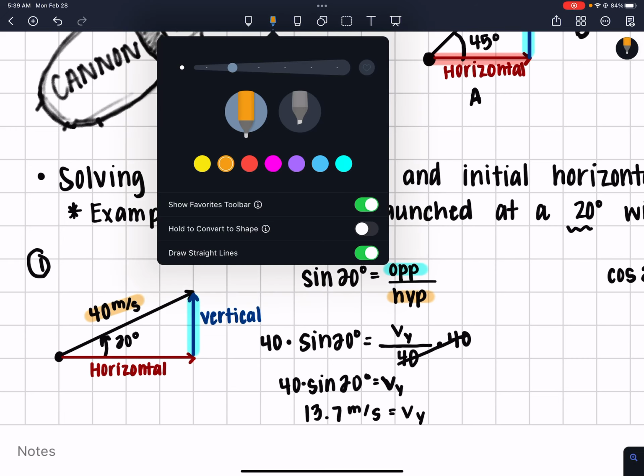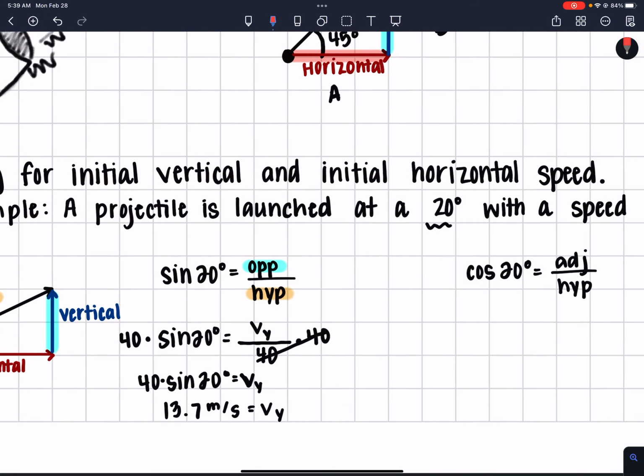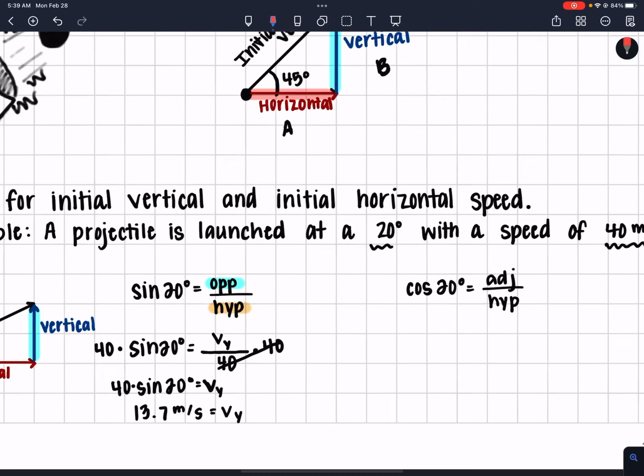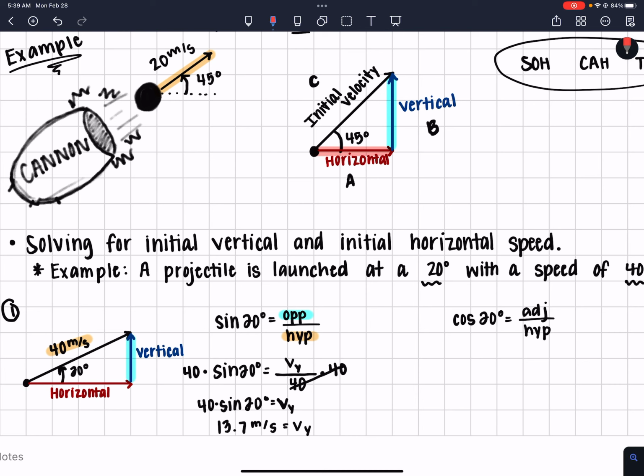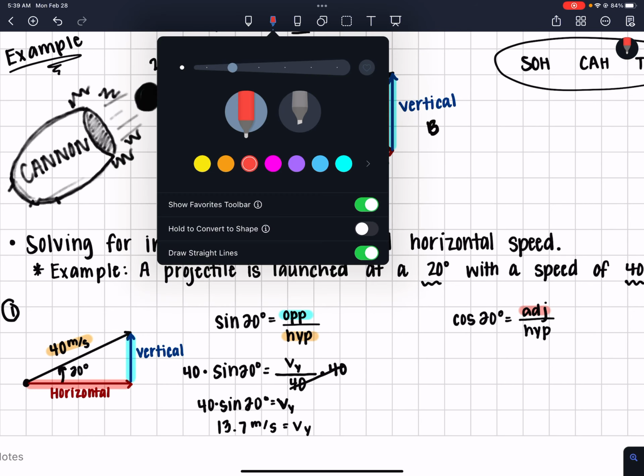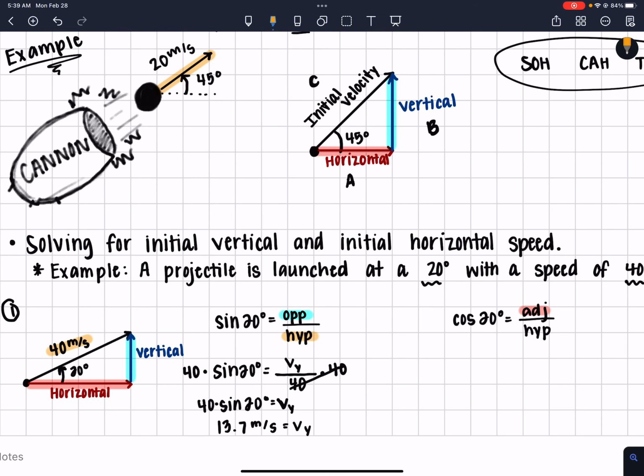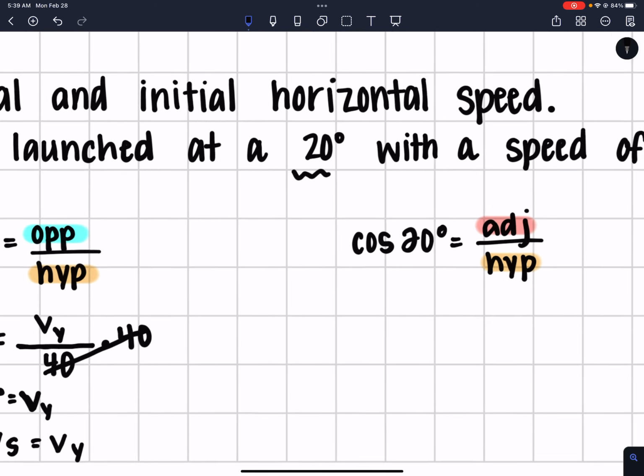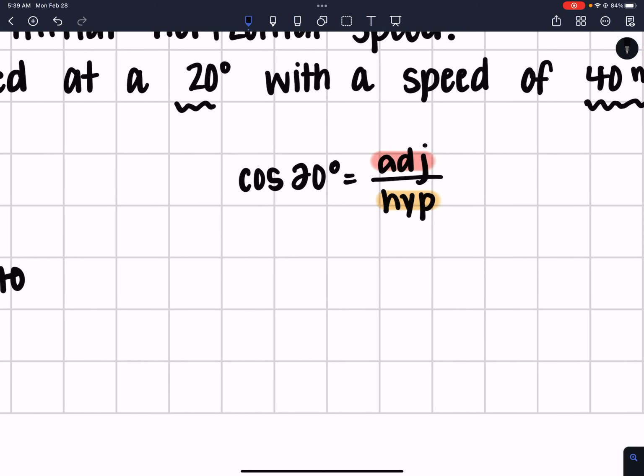Now, the other trig function that I'm going to use is the cosine function. Cosine is equal to my adjacent side, which is my horizontal side in this case, over my hypotenuse, which I know to be 40 meters per second. So if I wanted to substitute in and solve, the cosine of 20 degrees would equal my horizontal speed, which I'm just going to label as Vx, over 40.